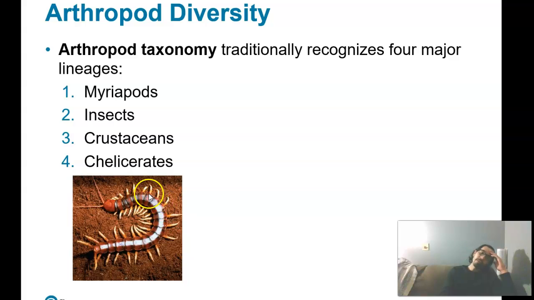If it's a centipede, it's going to have one pair of legs per segment. If it's a millipede, it will have two pairs of legs, because in millipedes, some of the adjacent segments fuse together. So that's why they have two pairs of legs per segment.